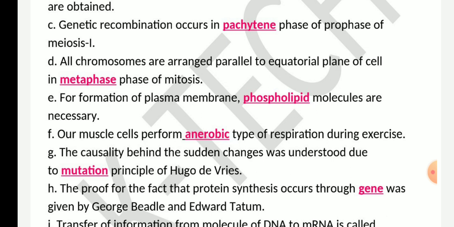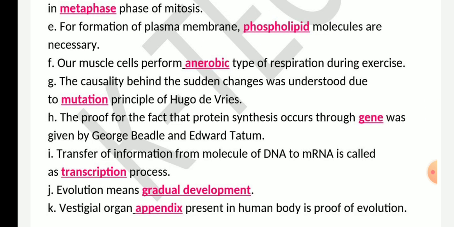Yes, it is metaphase. Next, for the formation of plasma membrane, dash molecules are necessary. Answer is phospholipids. Next, a muscle cell performs dash type of respiration during exercise. It is anaerobic respiration.